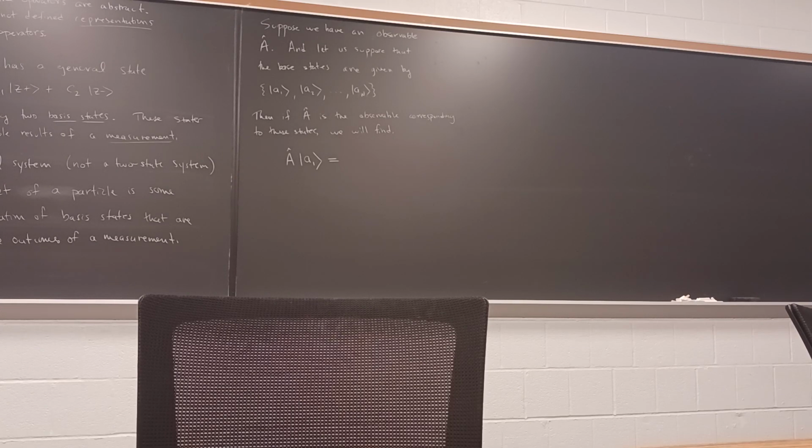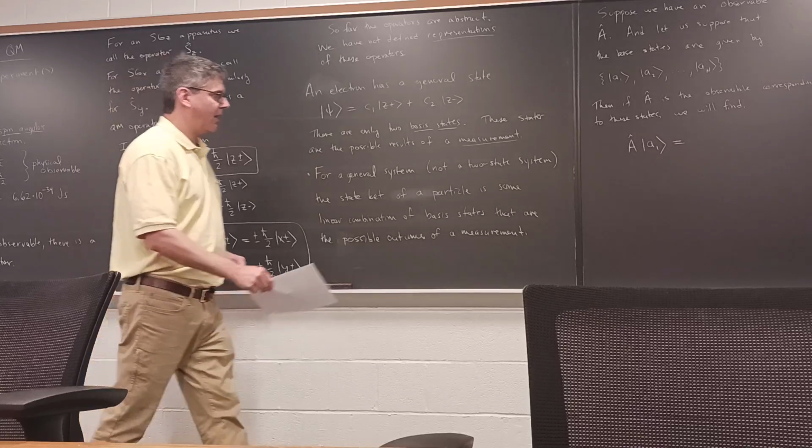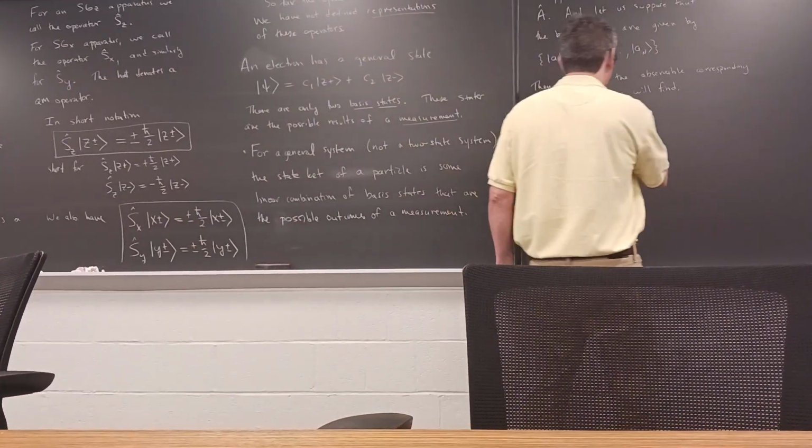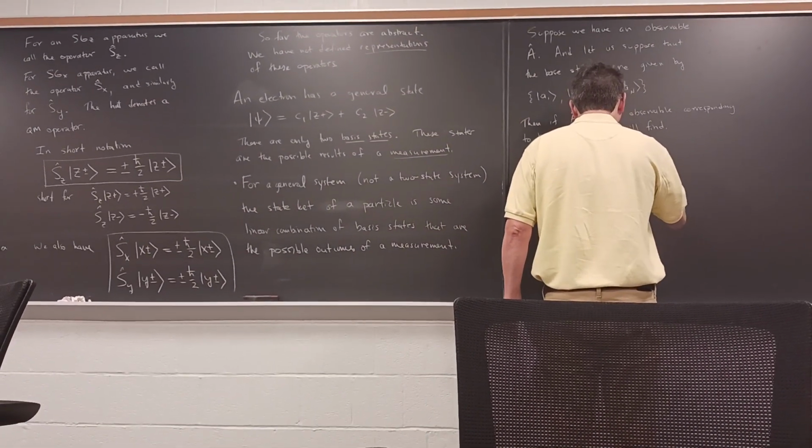I'm making a measurement on the state ket Z plus with this operator SZ, and I'm going to get this value out. That means I'll have some value here. Let's call it lambda 1.